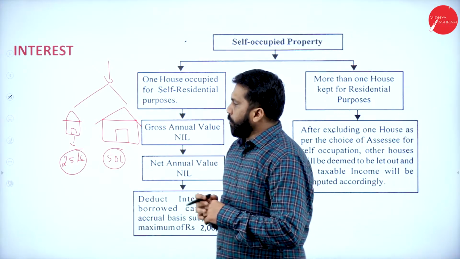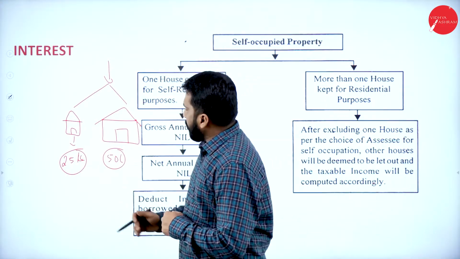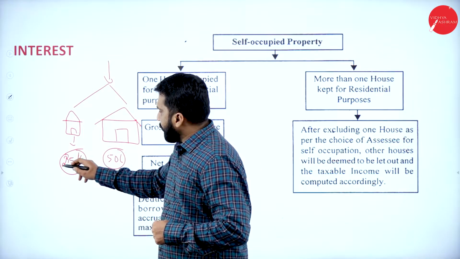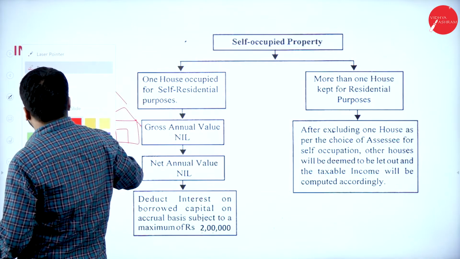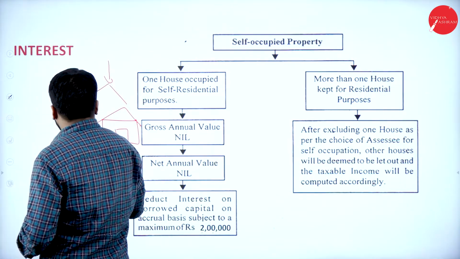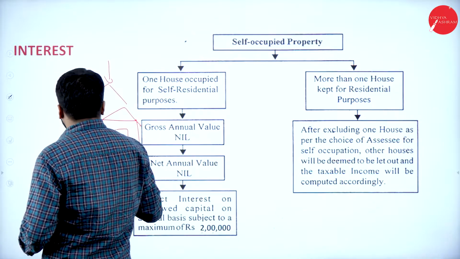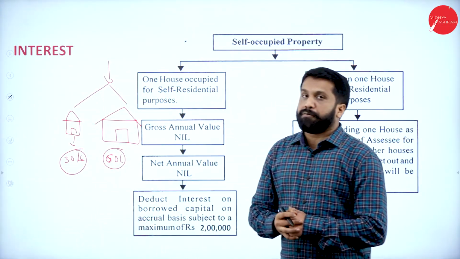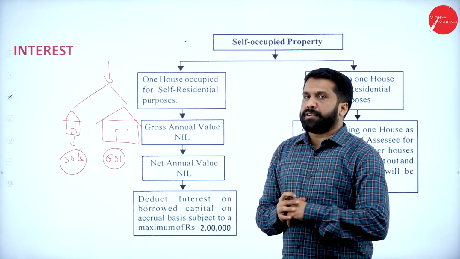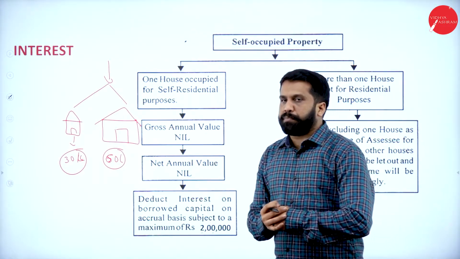Now, what is the rate of interest? We'll not take 25, I'll make it 30 lakh. It is easy to calculate actually. This one I'll make 60 lakh. Now, what is the rate of interest? Normally it comes around 9%.